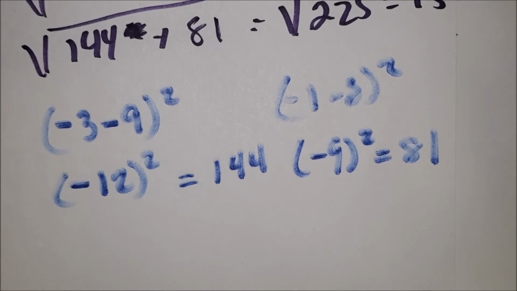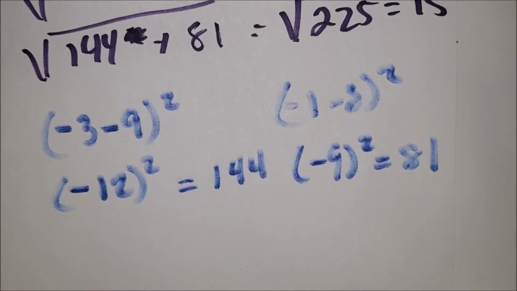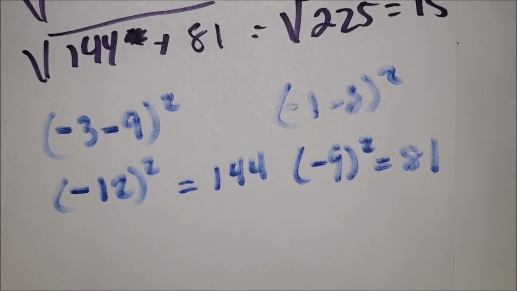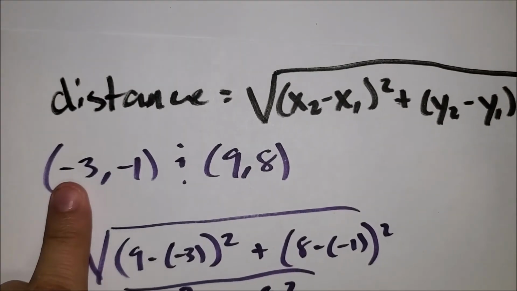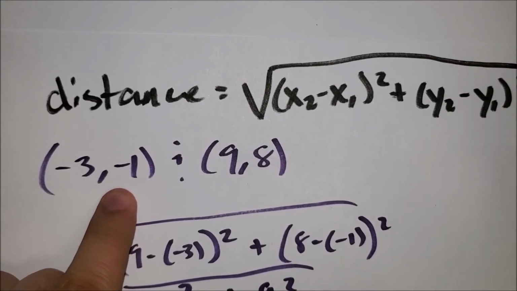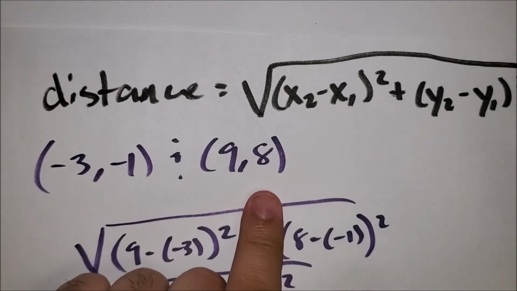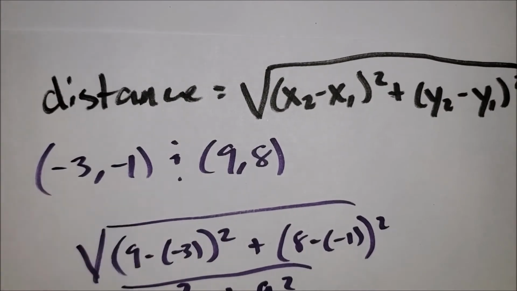So you see, it doesn't matter which order you put them in, but you want to keep your x's with their y's grouped properly. So you want to keep negative 3 and negative 1 grouped as the first, and 9 and 8 as the second, or 9 and 8 is the first, and negative 3 and negative 1 are the second.